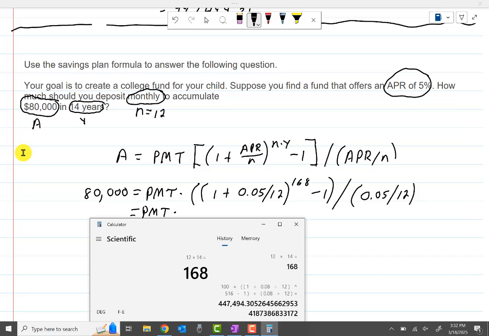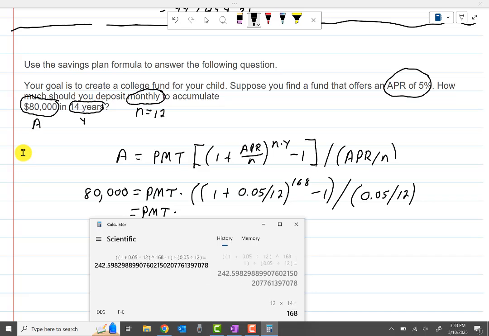I've got a double parenthesis, 1 plus 0.05 divided by 12, finish that parenthesis, raise that to the 168th power, minus 1, finish that parenthesis, divide, start a parenthesis, 0.05 divided by 12, finish that parenthesis, and hit enter.